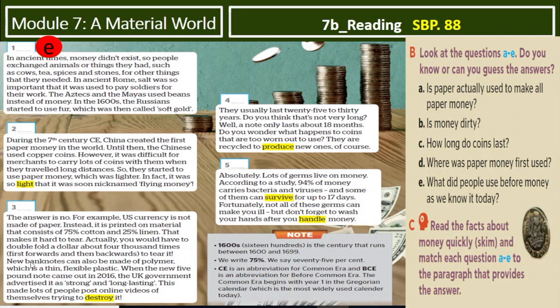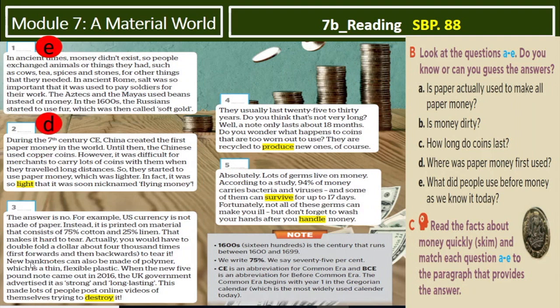The heading of the first paragraph is, what did people use before money as we know it today? So this is the summary of the paragraph. The paragraph is mainly about what people used before money as we know it today. Number 2, paragraph number 2, right?